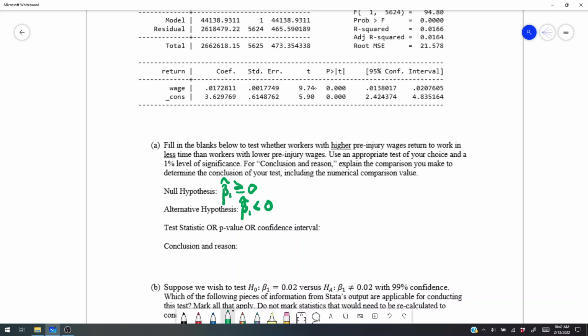Well, there's a t-stat, there's a p-value, there's a confidence interval straight out of Stata. But it does specify here the 1% level of significance. Notice that the confidence interval is 95% confident, so alpha is 0.05 instead of 1%. Can't use that confidence interval.